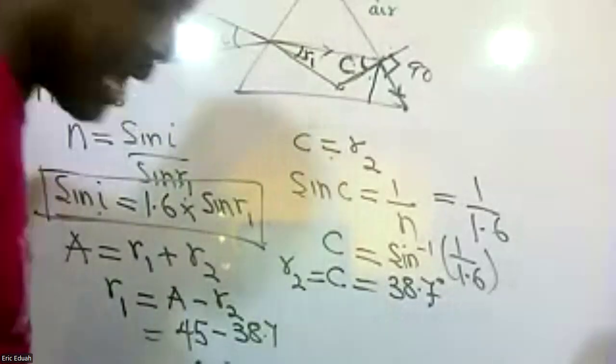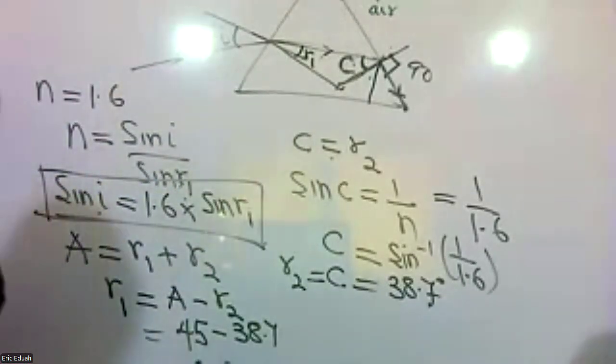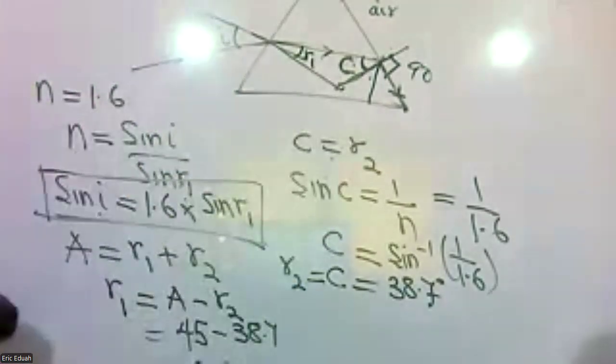So knowing C would help you determine how to create total internal reflection, because for total internal reflection to occur, the angle of incidence must be a little bit greater than the critical angle. So we are using C to calculate for I. That is the minimum angle.